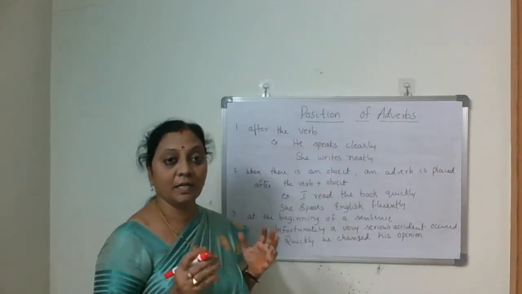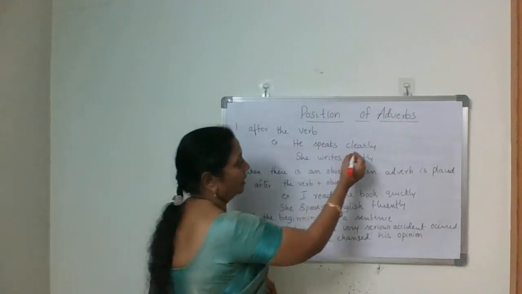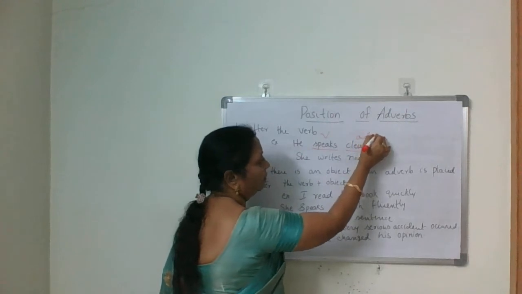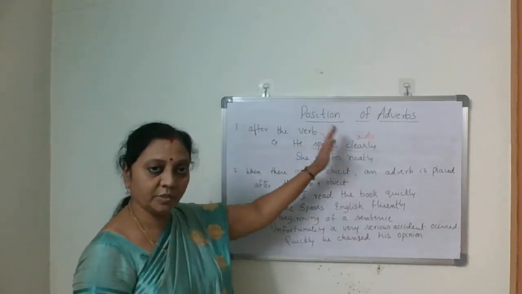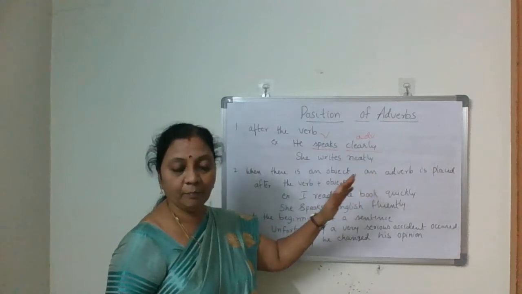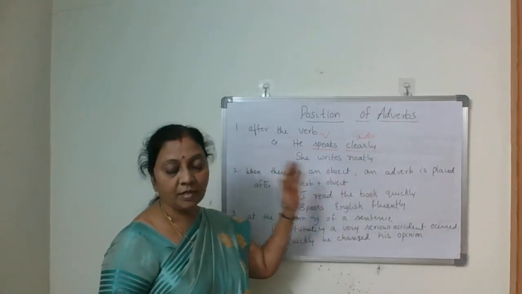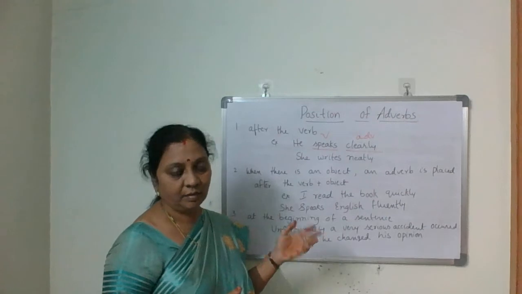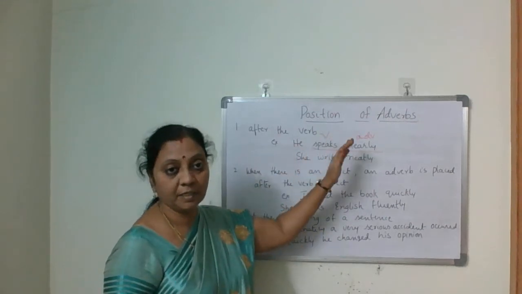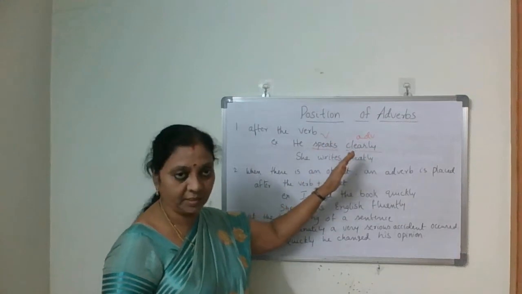He speaks clearly. Here speaks is the verb and clearly is the adverb, used immediately after the verb. She writes neatly. He runs fast. He plays well. He works hard.